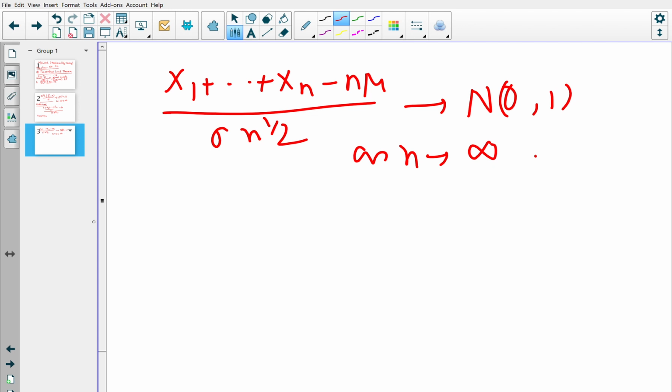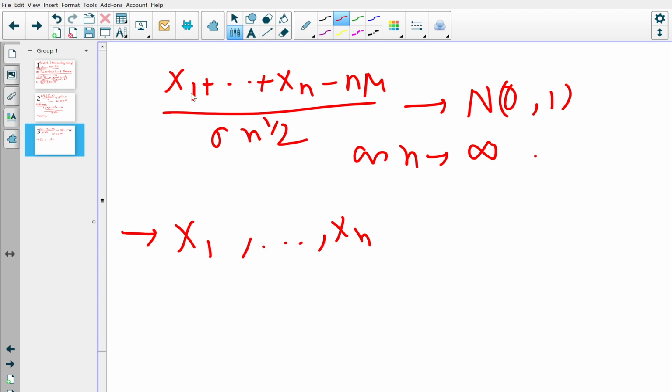This theorem has lots of applications in statistics, probability, everywhere. Suppose you have these IIDs x1, x2 and so on, and you don't know about their distribution. They may not be very nicely distributed.